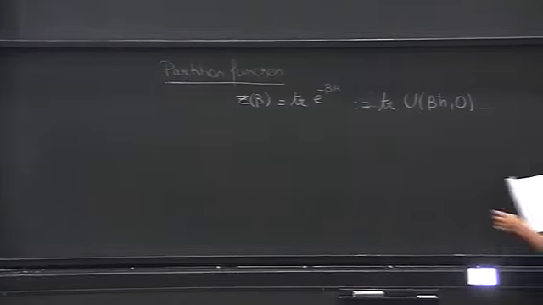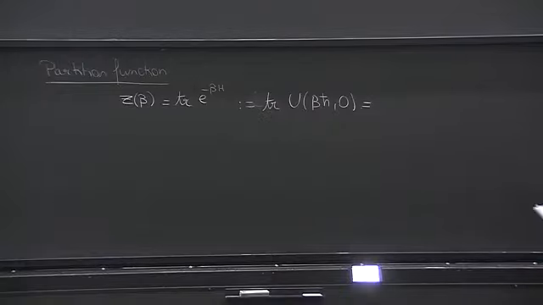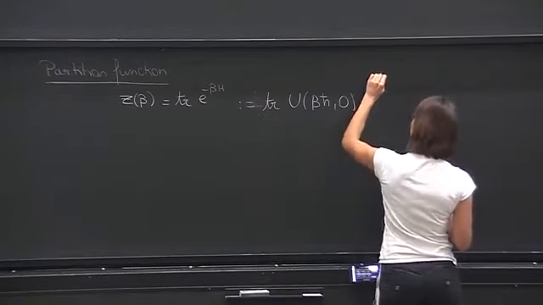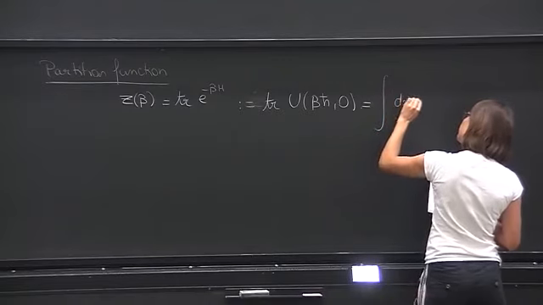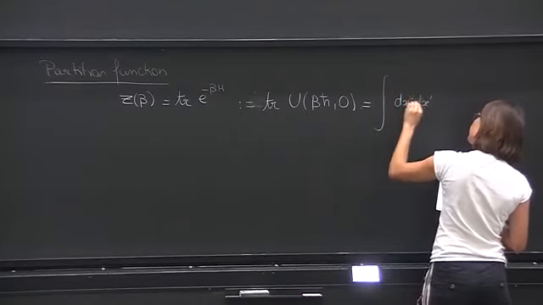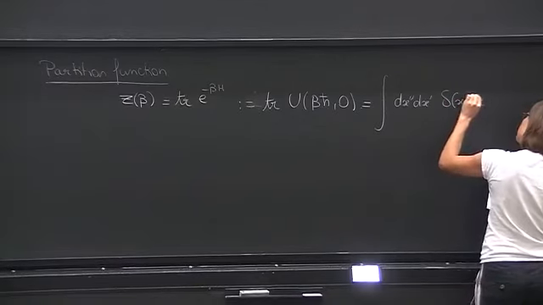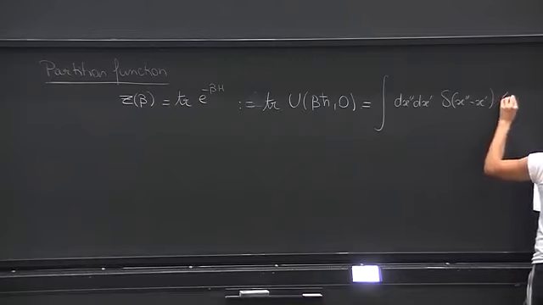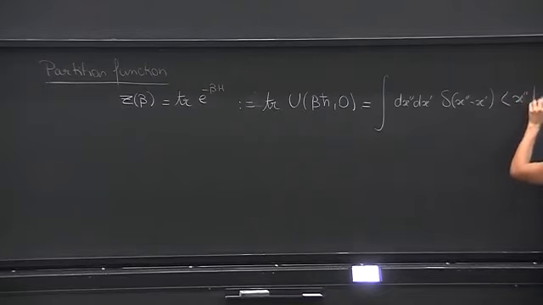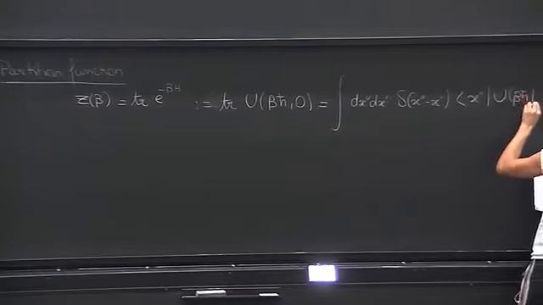And now if we introduce the position representation, we can write it like this. I'm just introducing this delta function just to have two different x and x prime here.